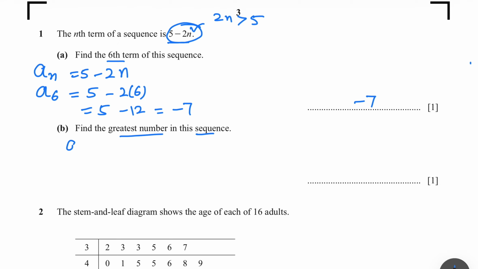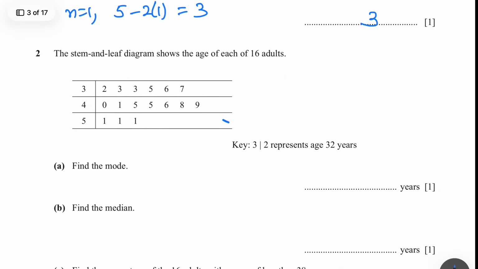So we replace n with 1 in the nth term. When n is equal to 1, it is going to be the biggest term. So 5 minus 2 times 1, that is 3. So 3 is the final answer.